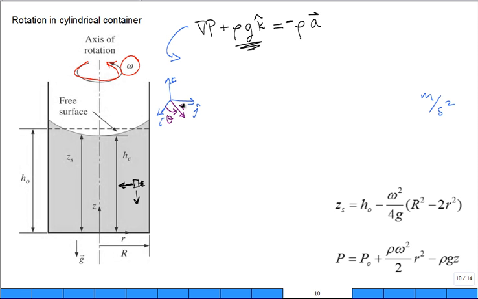Theta, r, and z. R, theta, z. So z is still lined up with the z or the k direction, right? Because maybe I should have put x, y, z, and then you have r, theta, z. And do you recall the little unit vectors?